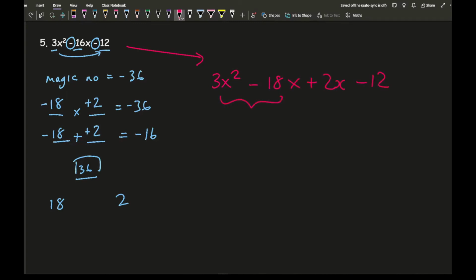Then factorising the pairs, I take 3x out, so I've got x minus 6, and then plus 2 times x minus 6, and so my double brackets are going to be 3x plus 2 and x minus 6.